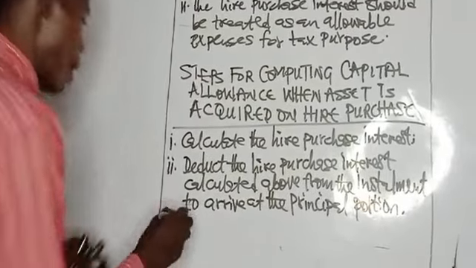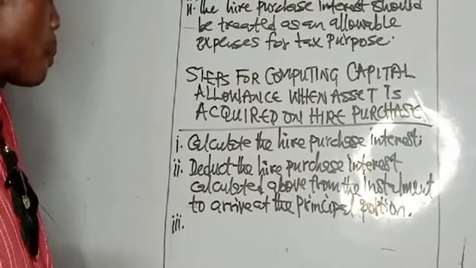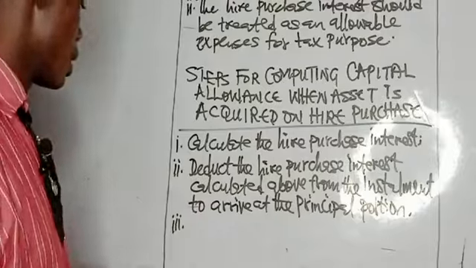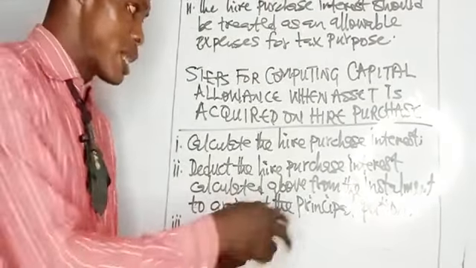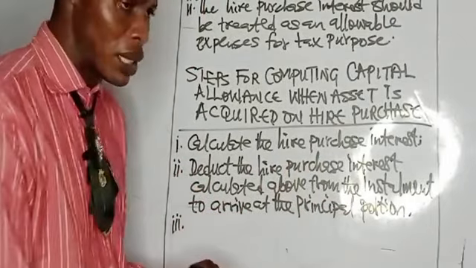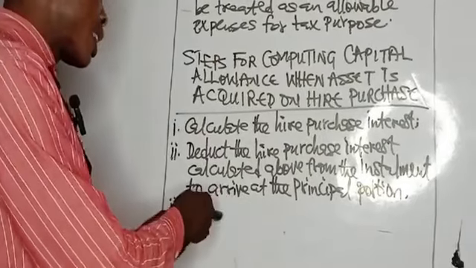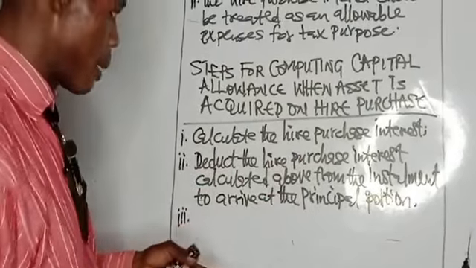You deduct the hire purchase interest calculated in step 1 from the installment, meaning that the installment usually contains two variables, the hire purchase interest and the principal portion. So when you subtract the hire purchase interest from the installment, you get the principal portion.